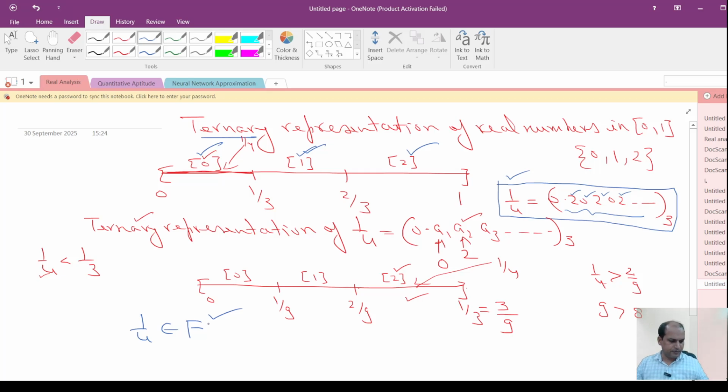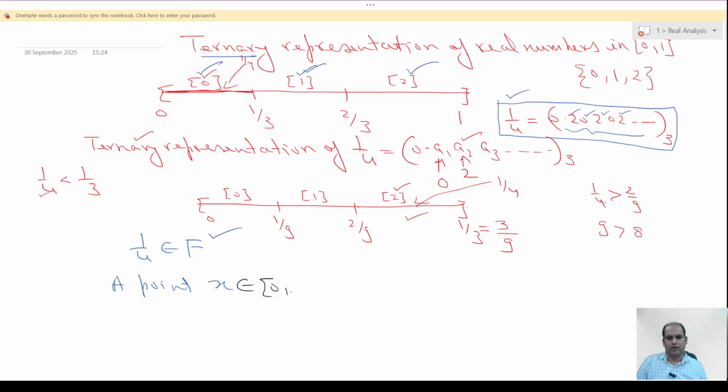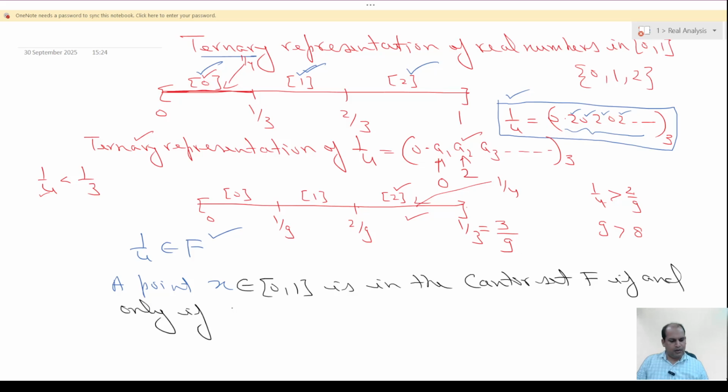So I can write another definition of the Cantor set: a point x, a real number in [0, 1], is in the Cantor set F if and only if it can be written in base 3, that is ternary, without the digit 1.